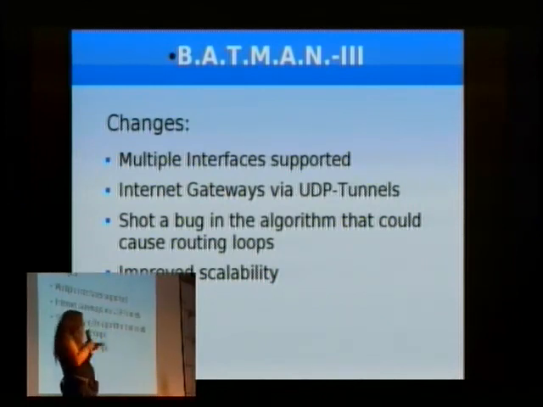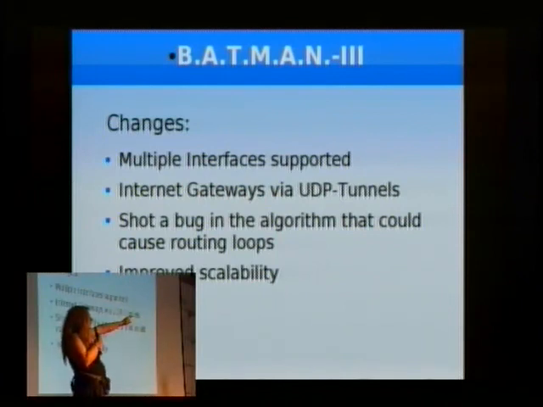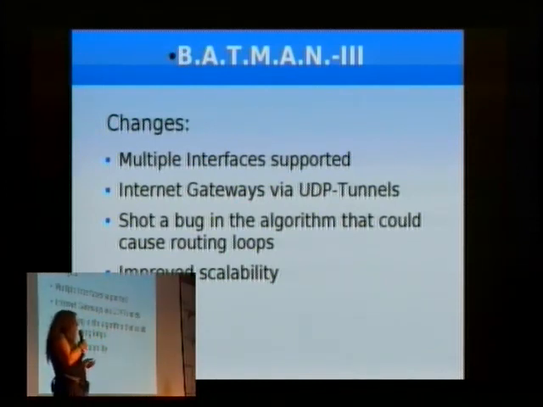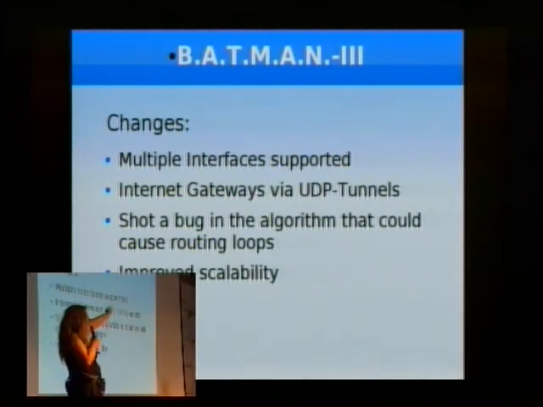So actually, a Batman gateway client can say, I want to have this gateway and not another one, which is a major problem at the moment in OLSR, because the network may think the best gateway for this node is there, and then it changes its opinion and says, oh no, it's there. Oh no, it's there again.